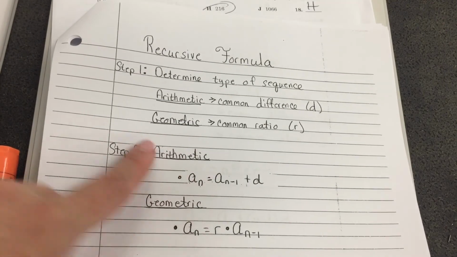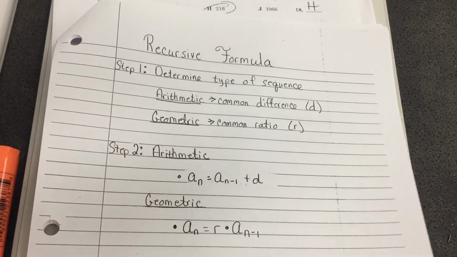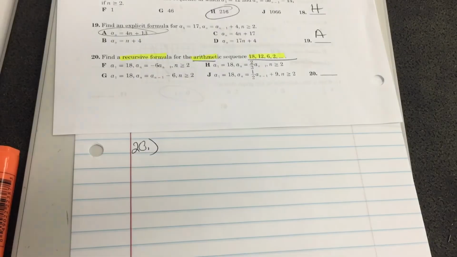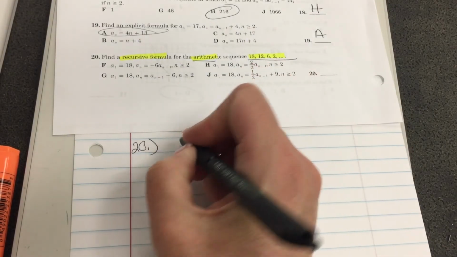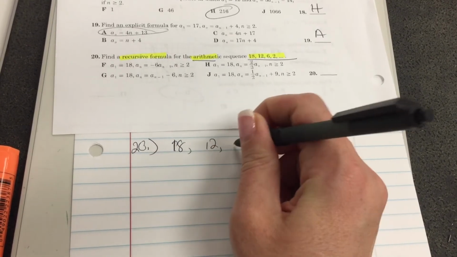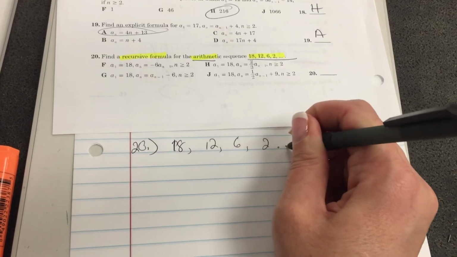Recursive formula says determine the type. Is it arithmetic or geometric? Well, it said it was arithmetic, okay? So with arithmetic, we're going to use this equation. So first let's write down our sequence. We have 18, 12, 6, 2.